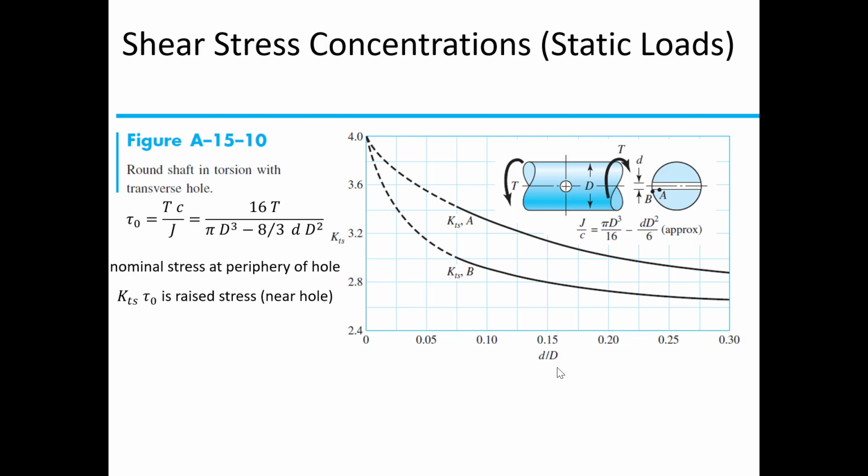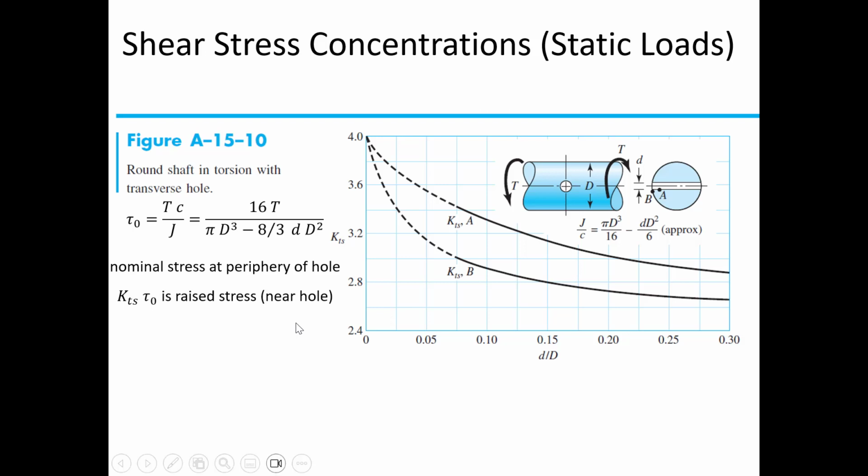The ratio of d to D sets what the KTS, the shear stress concentration value, might be. And I think for my example, I used 0.2 that I generated in SolidWorks. And the book gives us two different graphs, one for a point B that is on the outside diameter, and then one for a point A that's a little bit inside the hole.